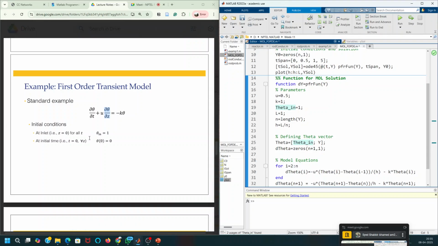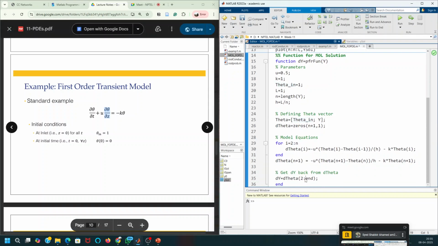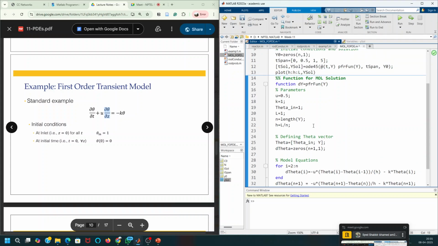We have to solve for z is equals to 1. So earlier we went only from 2 to n, right? Here we will go from 2 to n plus 1. That's the difference here. So these are all the parameters which we have, like u is equals to 0.